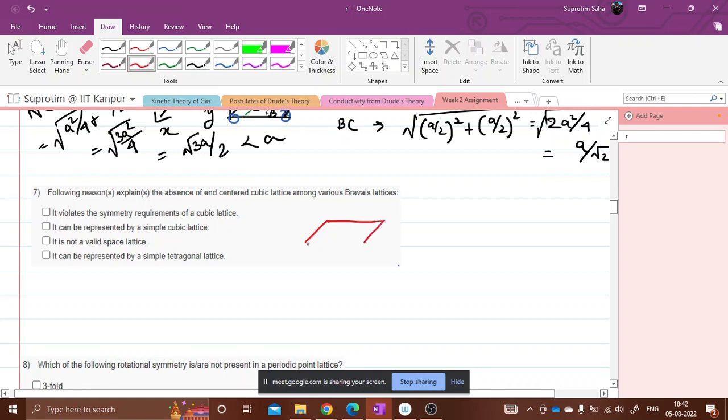So this is your simple cubic. This is another simple cubic.